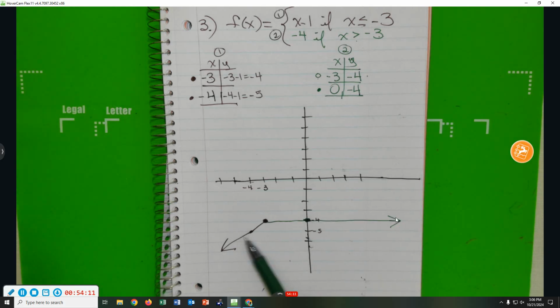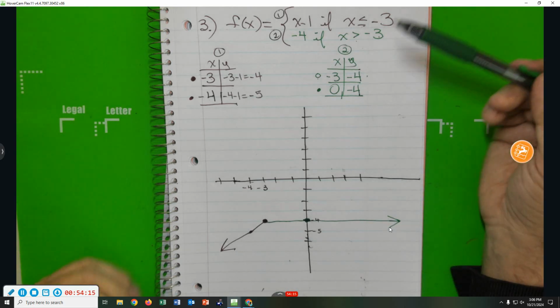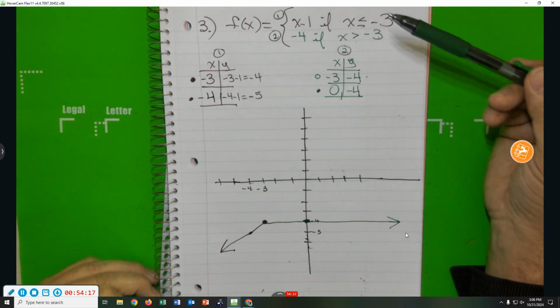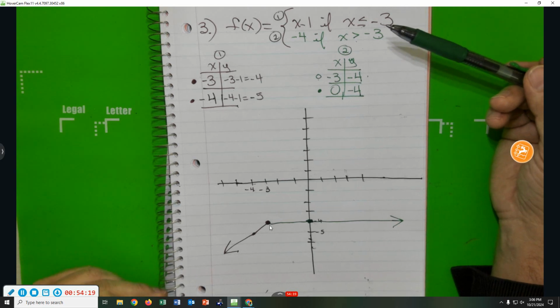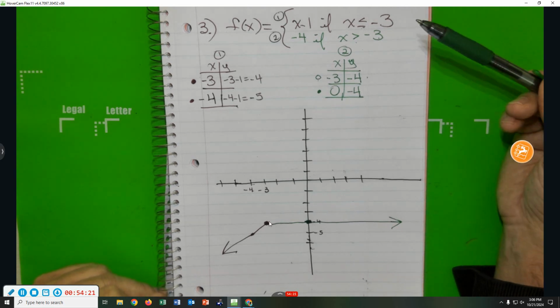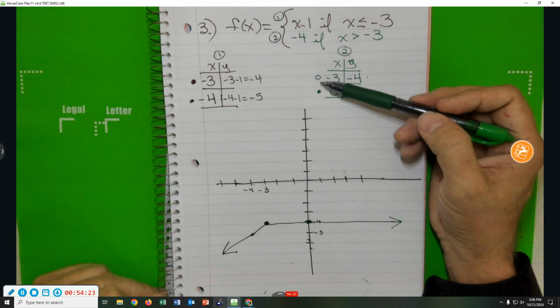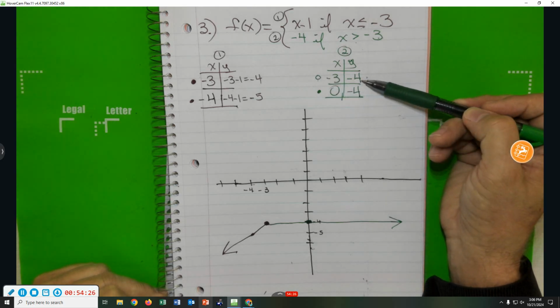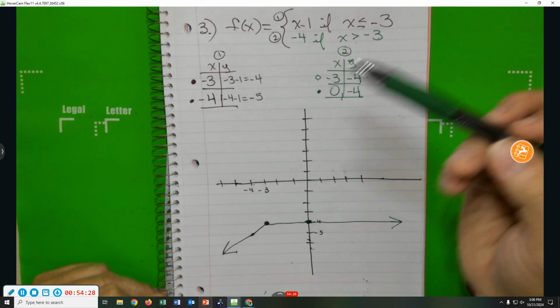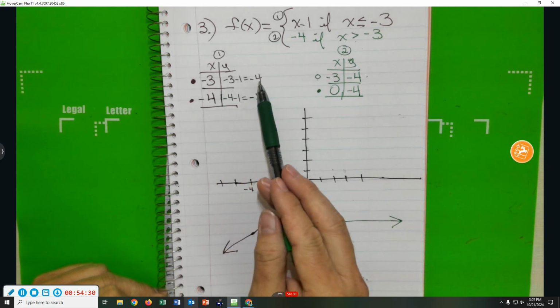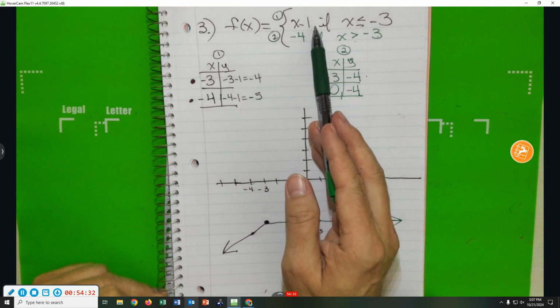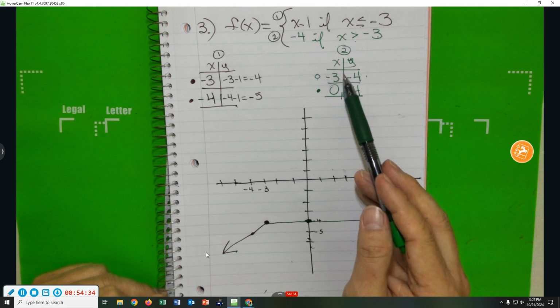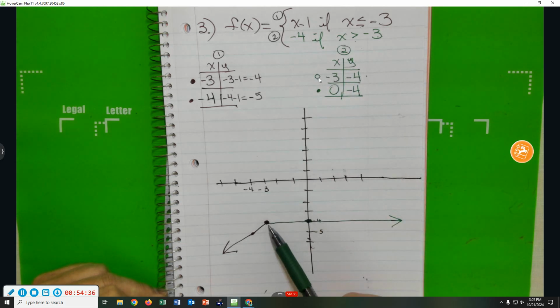Well, so let's go back to the important thing about this problem. If you have an open and a closed dot appearing at the same cut point, the closed dot takes precedence. An open circle says, hey, this ordered pair isn't on the graph. But yes, it is. It's on the graph because of the other piece. The open circle says this ordered pair is not on the graph.